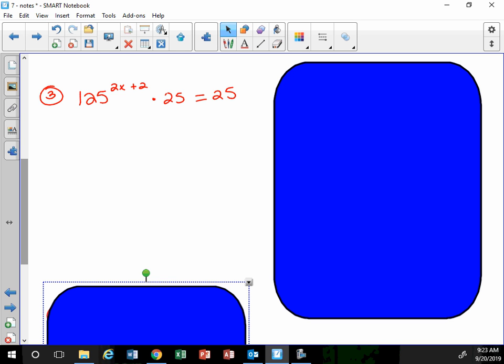So it's actually really simple. The exponent is 2x plus 2, right? 2x plus 2, that's the easy part.